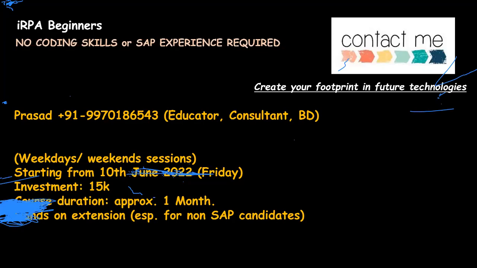We are going to connect to cloud systems, on-premise systems, and various non-SAP applications. We are going to learn various business cases from SD and MM points of view. All of this will be within that unit. I'll also give an overview comparing iRPA and UiPath, which you can pick up very fast later.